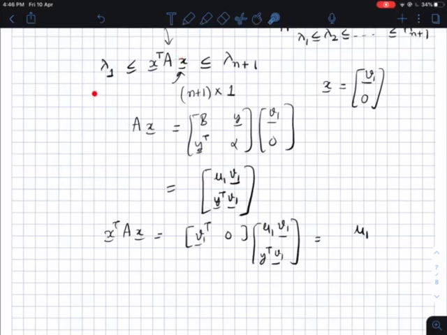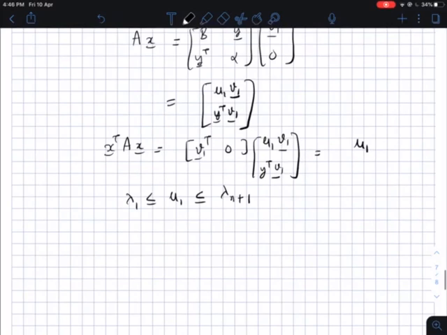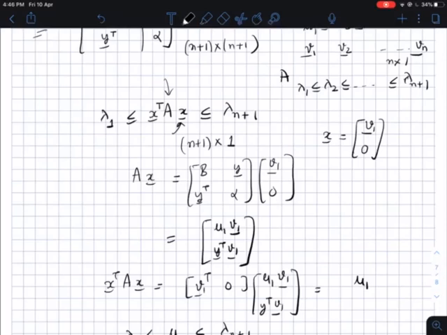So just applying the Rayleigh quotient theorem tells you immediately that lambda 1 is less than or equal to mu1, which is less than or equal to lambda n plus 1. In other words, the smallest eigenvalue of B, that is mu1, lies between the extreme eigenvalues of A. Now there's nothing special about mu1. You could have done this with a v2 instead of v1 here.